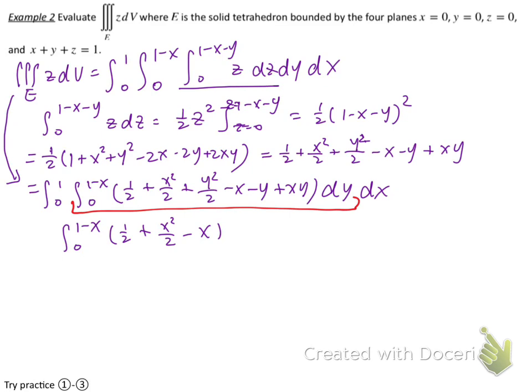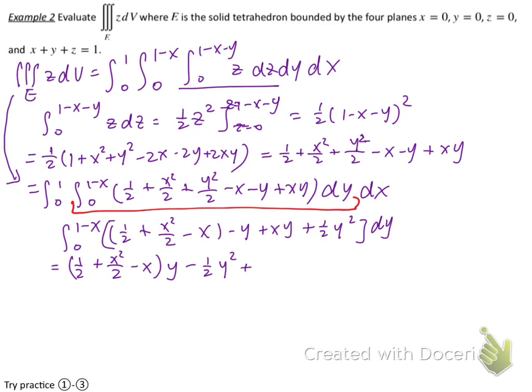Then I'm having the y term. I'm having minus y plus xy, then finally the 1/2 y squared dy, and that will be 1/2 plus x squared over 2 minus x times y, and minus 1/2 y squared plus x times 1/2 y squared plus 1/2 times 1/3 y third.